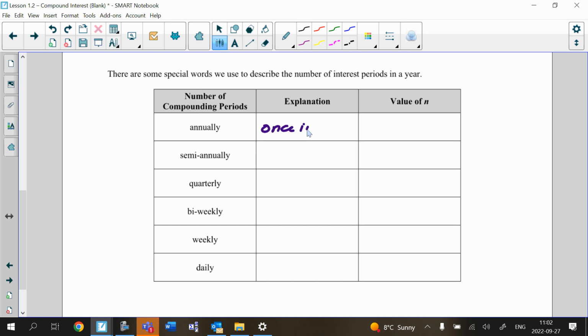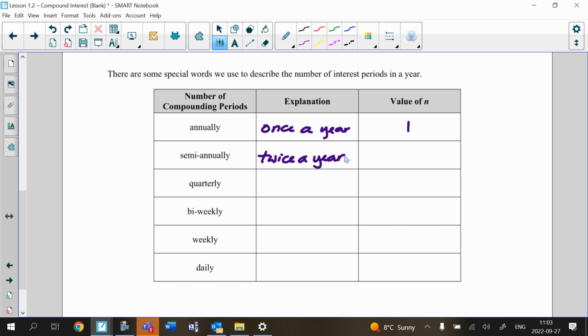Semi-annually, interest is calculated twice a year. So that means if you invest something, 6 months later, we calculate interest, and then another 6 months, we calculate interest again. So if you're investing money, you're making more. If you're borrowing money, you're paying more.